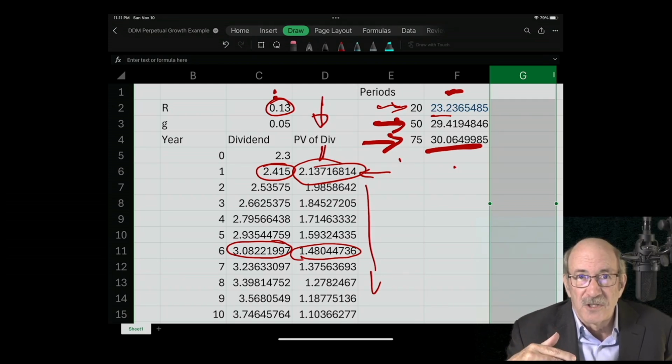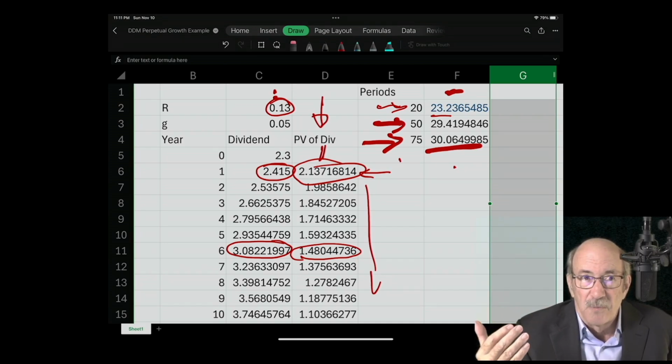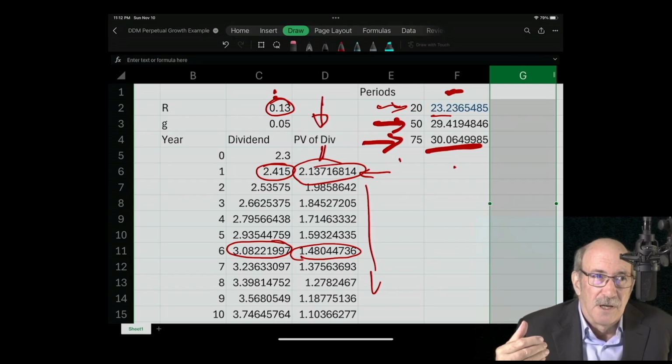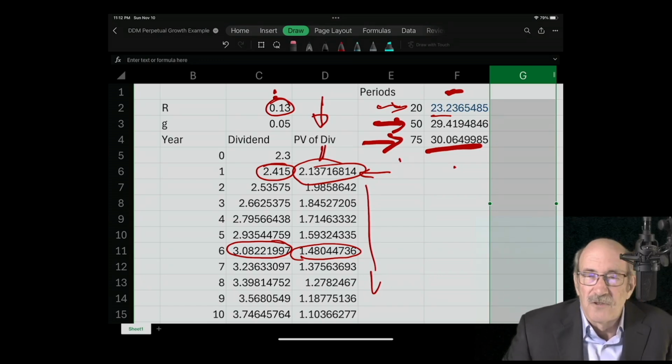Now, if I took this out to 100 years, that would probably get to like $30.18. And anything beyond that, I've continued to approach, but slowly, tenths and hundredths of a penny for decades on top of the 100 years. But you get the idea.